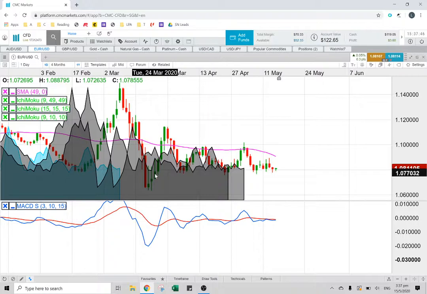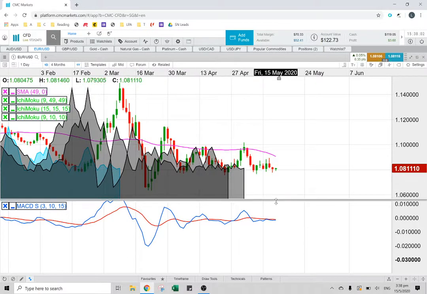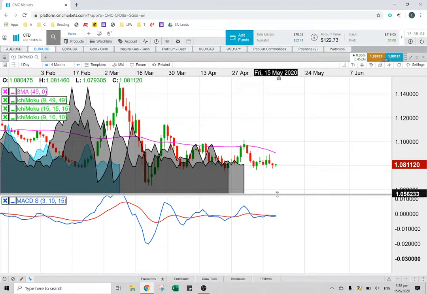It's getting very choppy here. Nothing much we can do. We don't want to be taking any sides with such a flat line. Although it's a down line, we can see that it will start to become very flat. So we just observe for this one. No action.